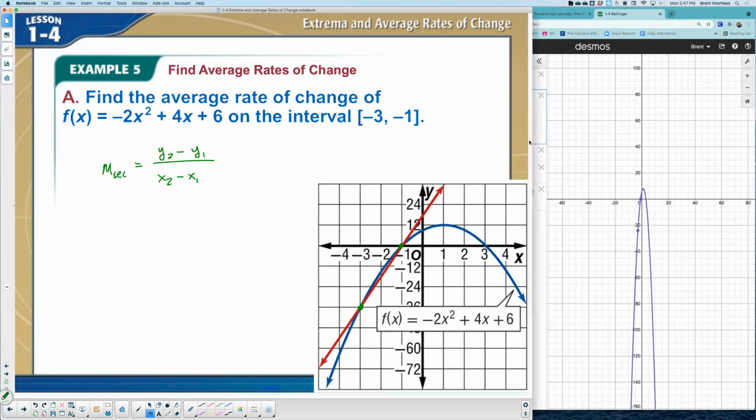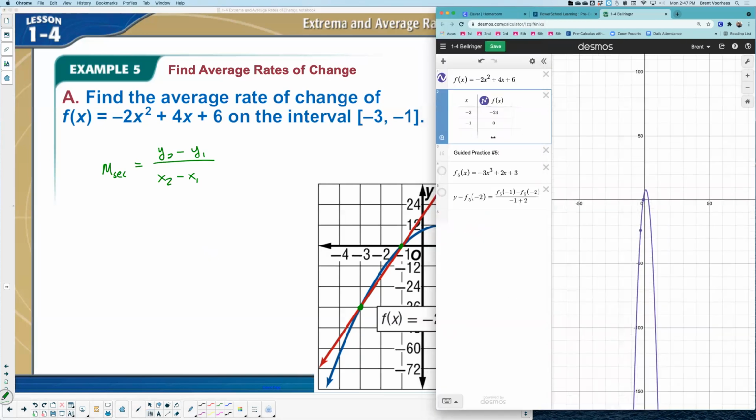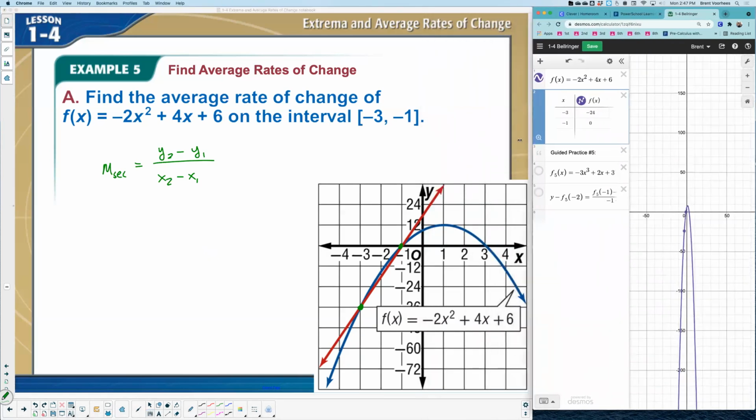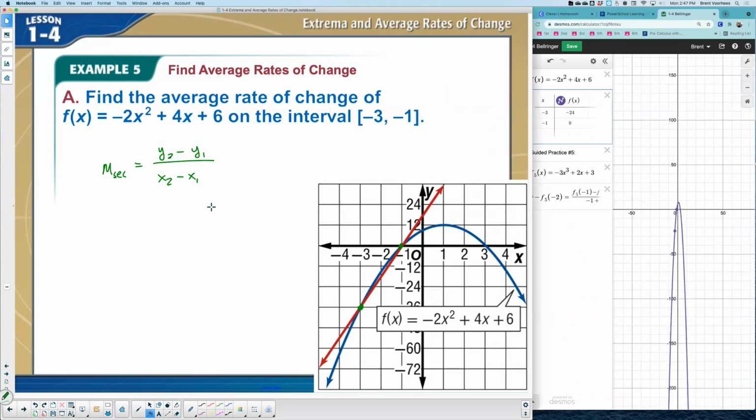So I'm going to substitute these values in there. Let me shrink this a little bit. So when we go to substitute, my second y is 0 minus my first y, which is a -24. My second x is a -1.